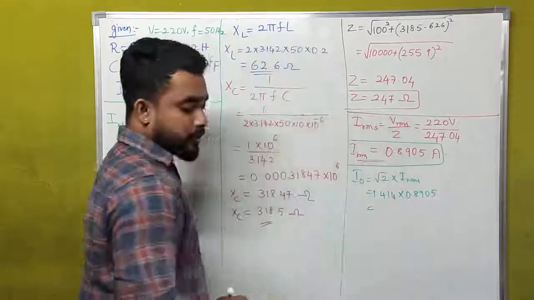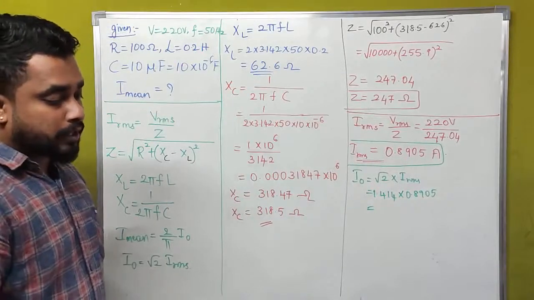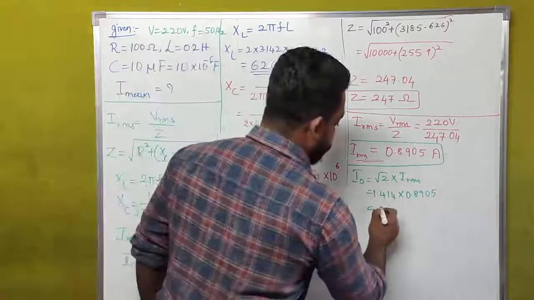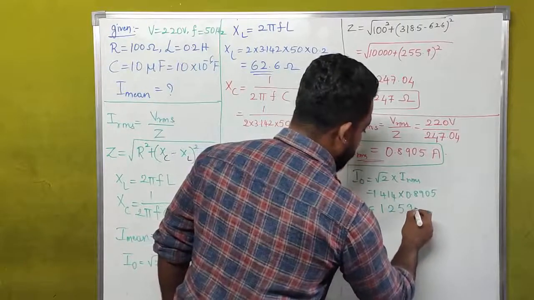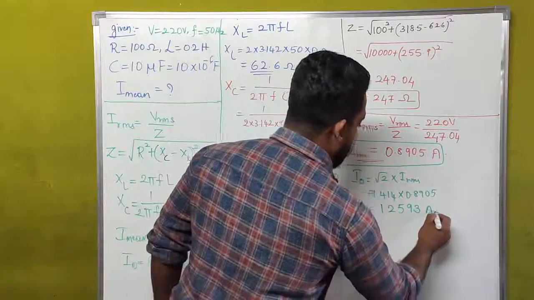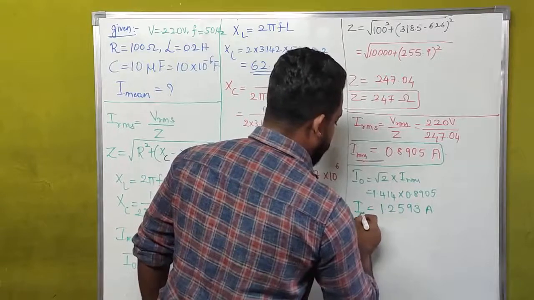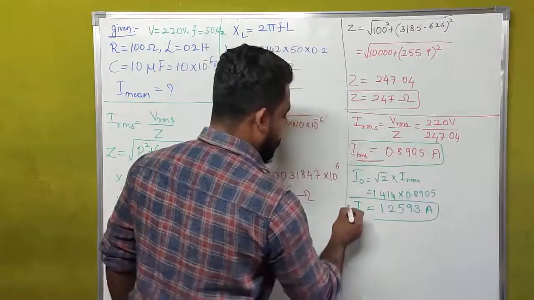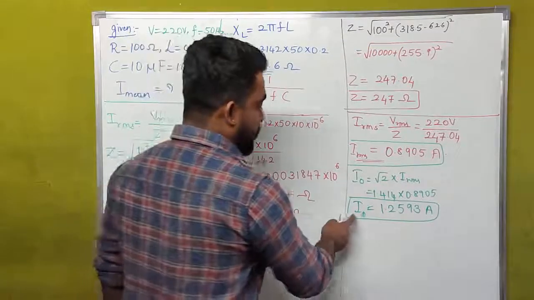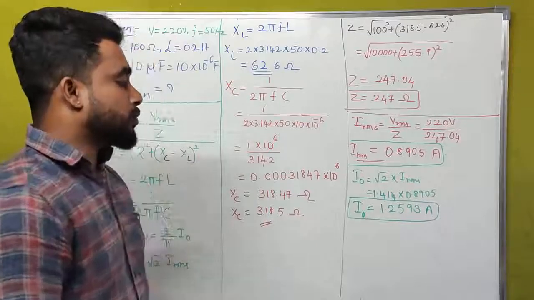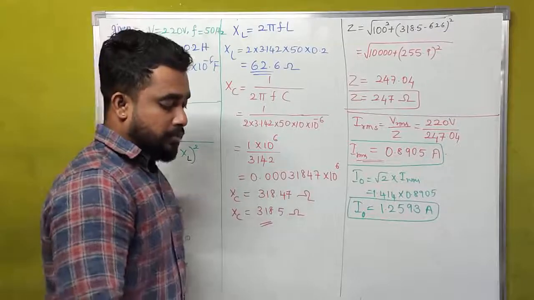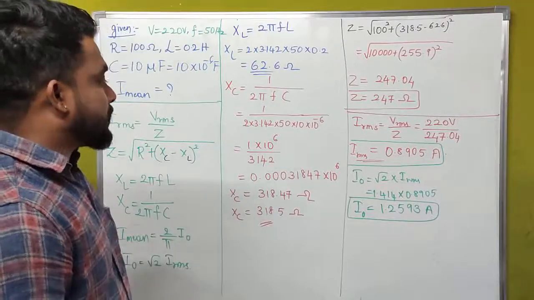If we multiply these two terms, we get approximately 1.2593 ampere, which is the peak value of current. I naught means the maximum current of an LCR circuit. That is 1.2593, or you may write that as 1.26 ampere. 1.26 ampere is the maximum current drawn through the LCR circuit.